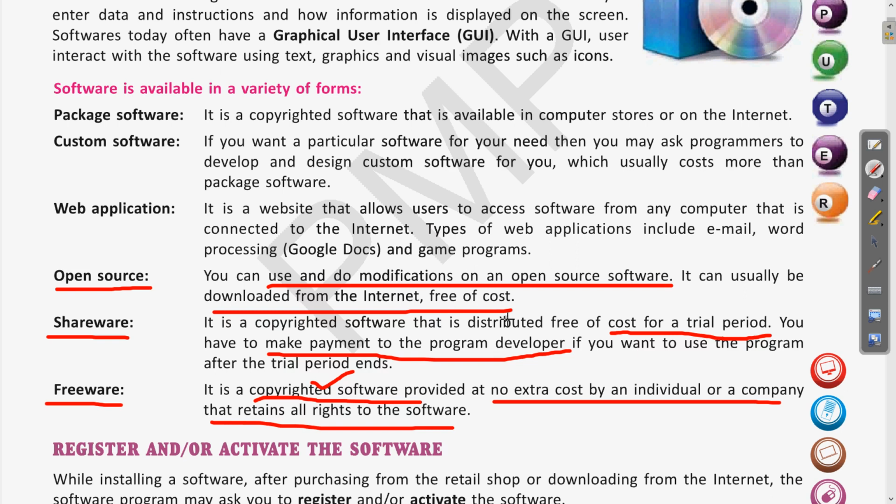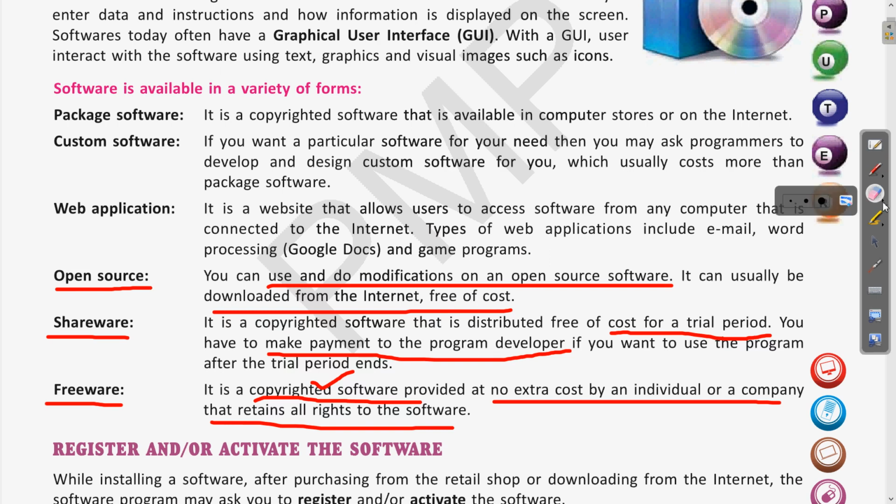In the open source, the source code is available to you. Clear? And here also the software can be provided free of cost, but in freeware, the software is provided without money, but the source code or the program which is written is copyrighted. You cannot see the source code or modify it. Clear? So this is the meaning of freeware.